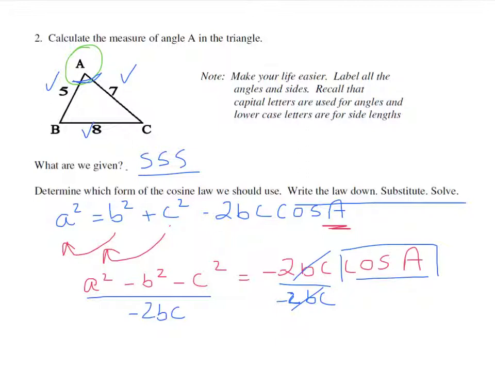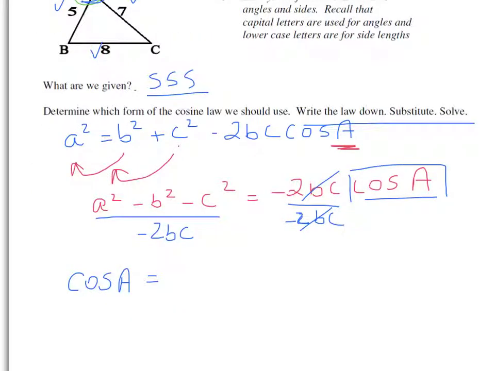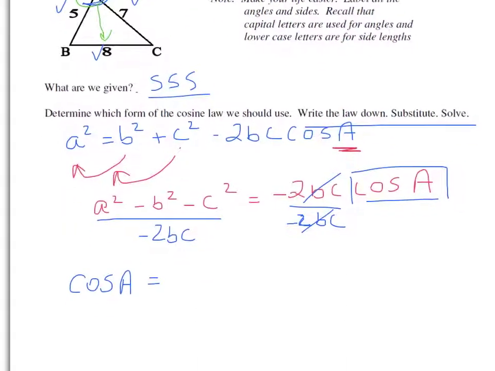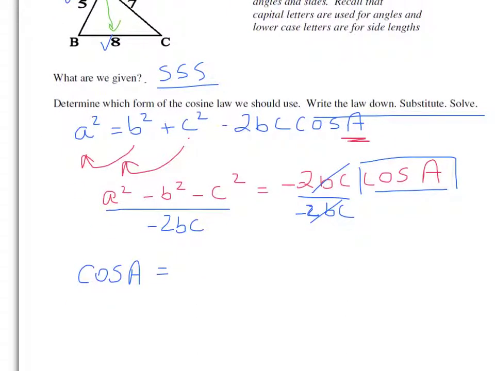Now we can substitute in the values from the triangle above. So cos A equals little a squared, which little a above is directly across from angle A, so it's going to be 8 squared minus little b, 7 squared, minus 5 squared over negative 2bc, which is 7 times 5.